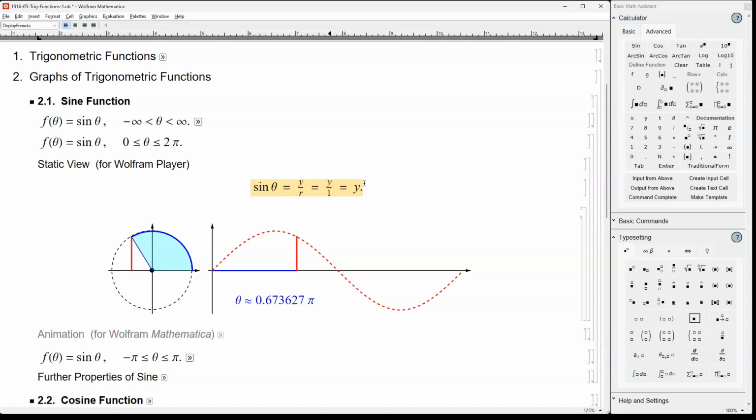Make sense? So in this case, sine value precisely matches the function value here. This vertical precisely matches that vertical here. Another thing, what is this theta?